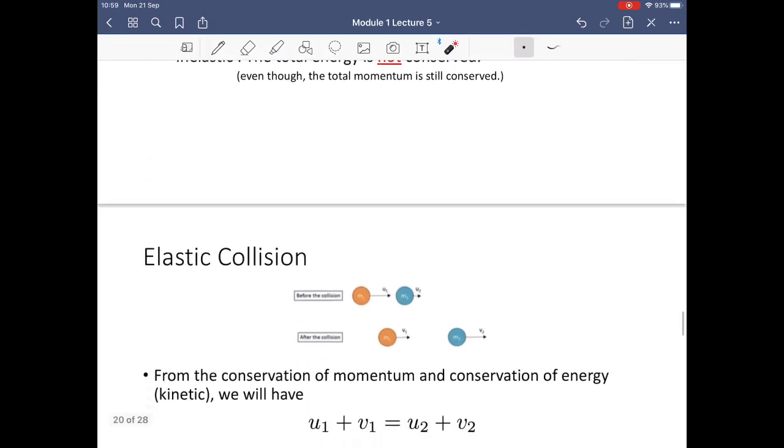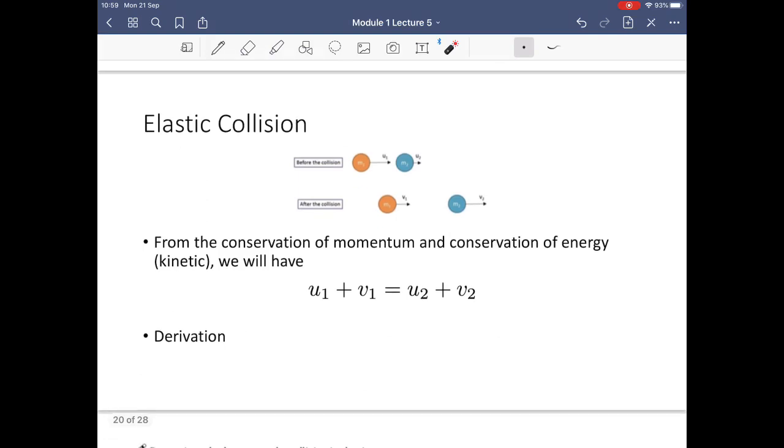Next, we are going to talk about elastic collision. So what is elastic collision? If you look at this picture, this is mass m1 and m2 with initial velocities u1 and u2, and after the collision, mass m1 changed its velocity to v1, and mass m2 changed its velocity to v2.